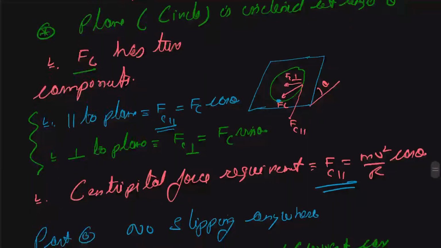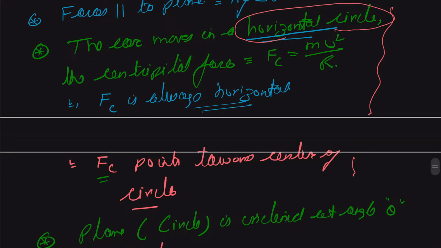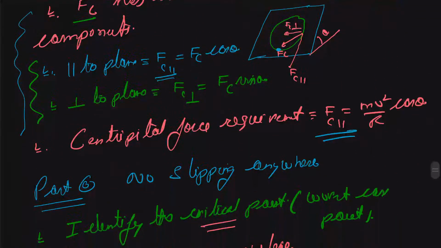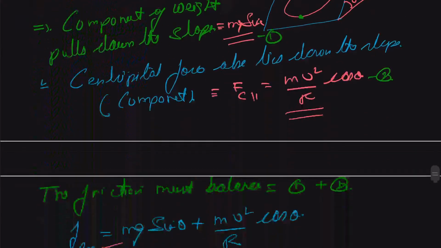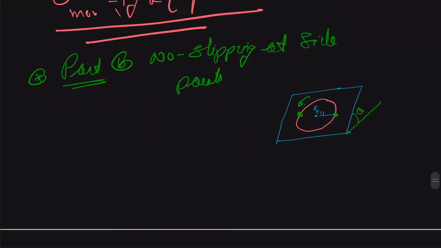Because we know that our centripetal force is bound to be horizontal, there are going to be two components, one toward the center and the other in the perpendicular direction. And this will be universally true for the entire circle.